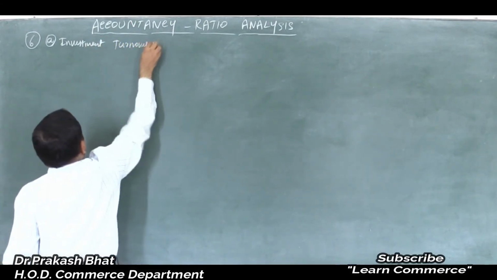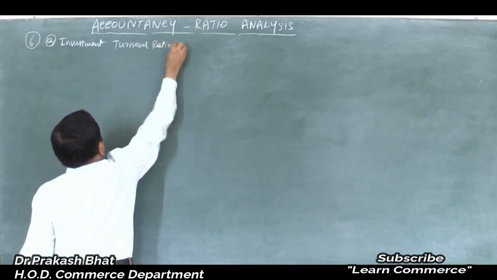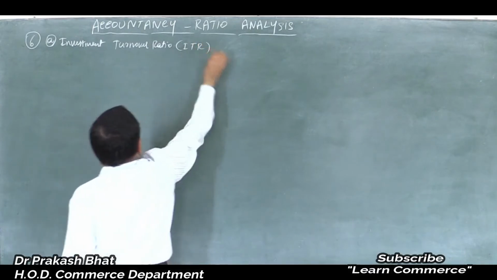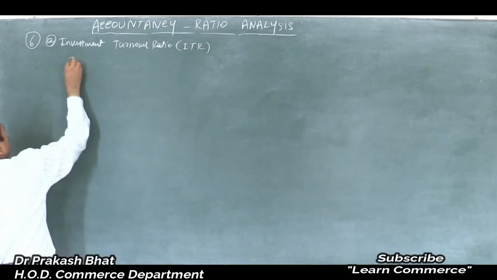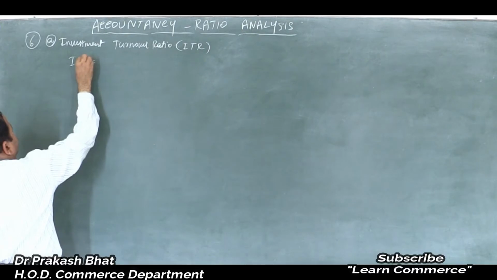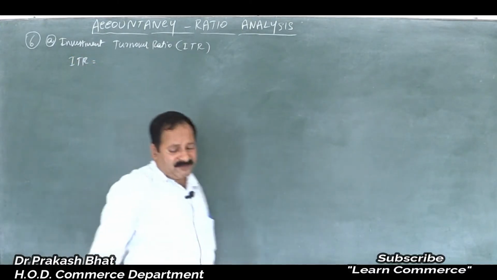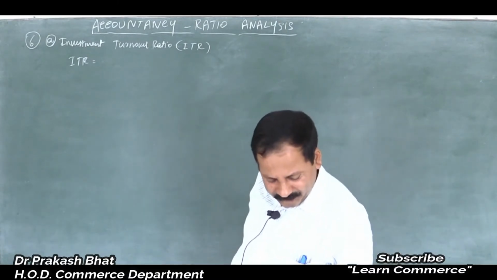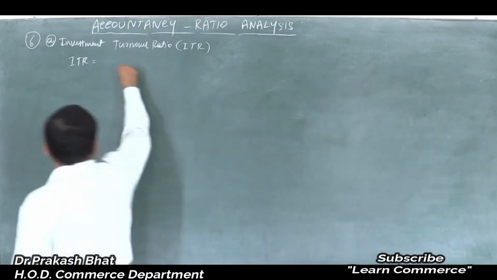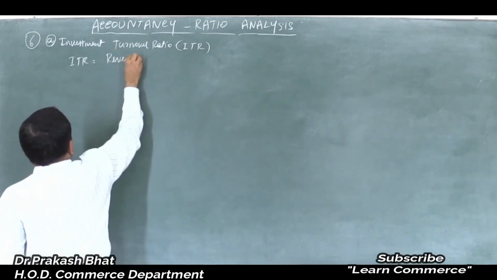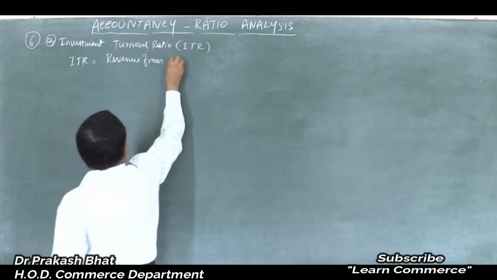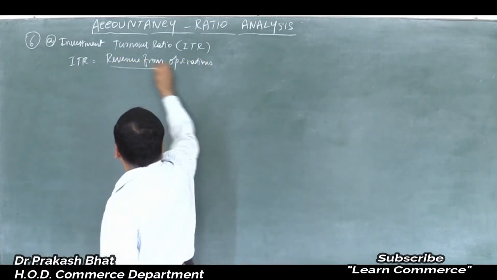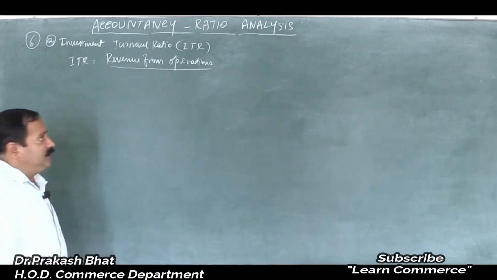Turnover ratio, ITR. Write the formula. ITR is equal to, whatever is asked, take it as the first item, revenue from operations divided by capital employed, isn't it?